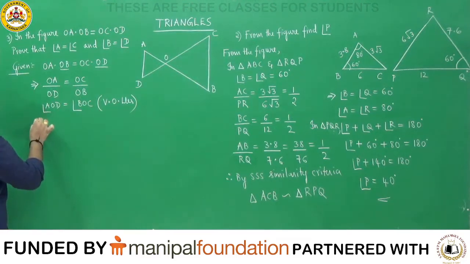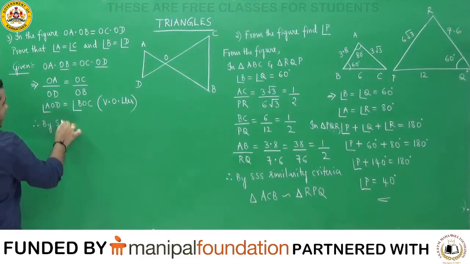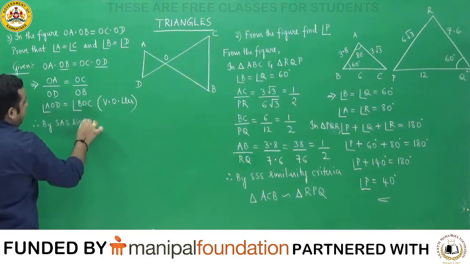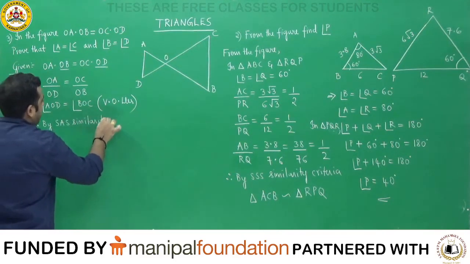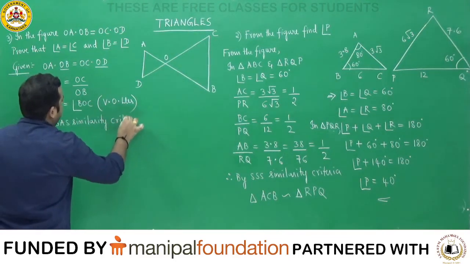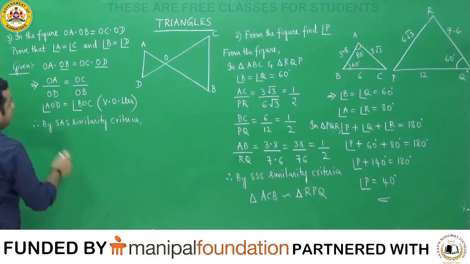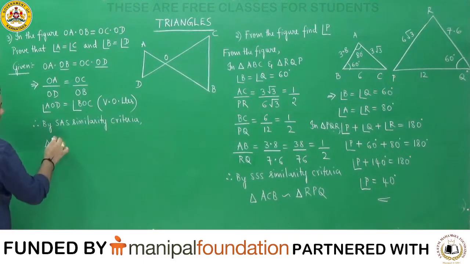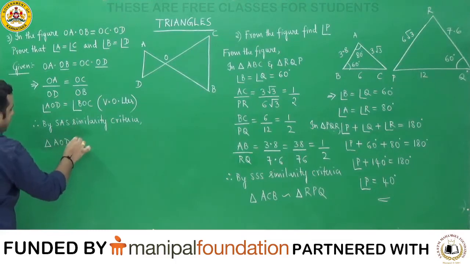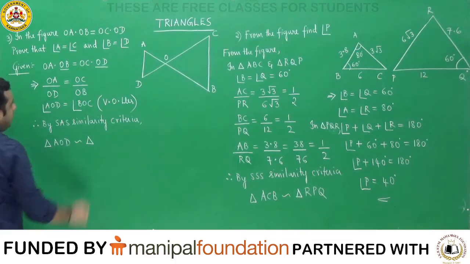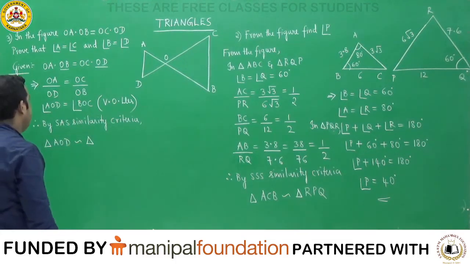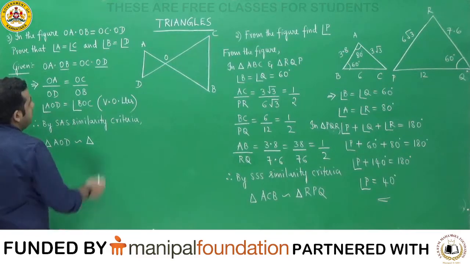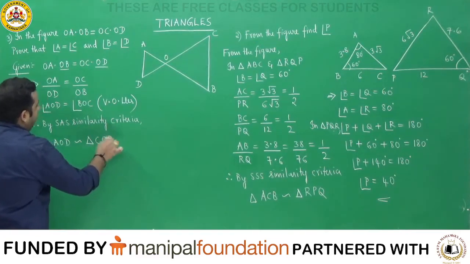Therefore, by side angle side similarity criteria, I can come to the conclusion that triangle AOD is similar to triangle COB.